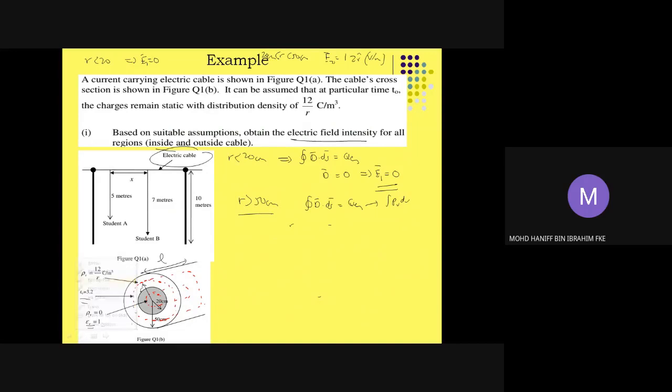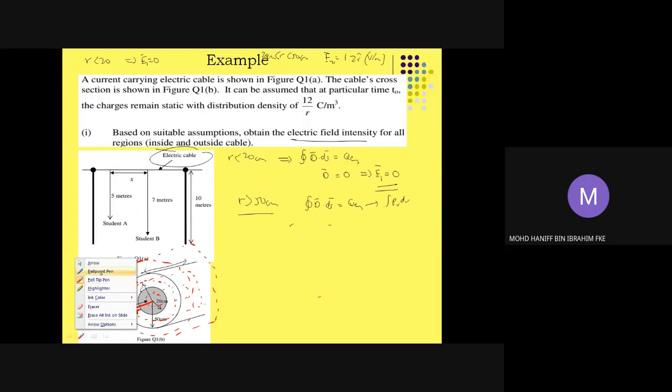That should be given by the cylinder here, a new Gaussian surface for the third region, with R indicating the region bigger than 50 cm.